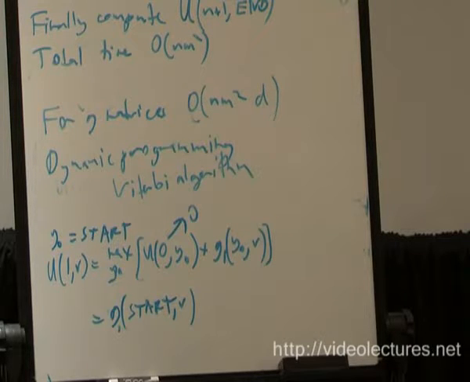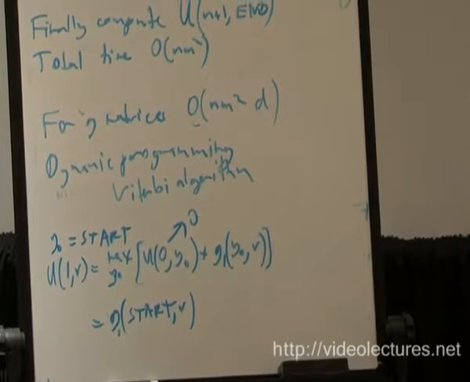Anybody know who the Viterbi algorithm is named after? And who's Viterbi? Yeah, right, and now he's somewhere in Southern California. So actually, we care about him because he's in San Diego. He was a professor at UCSD for many years, and then he was the co-founder of Qualcomm, which is the company that makes CDMA technology for cell phones.